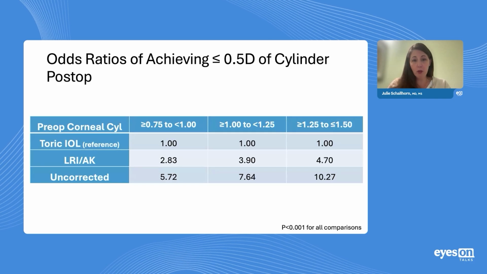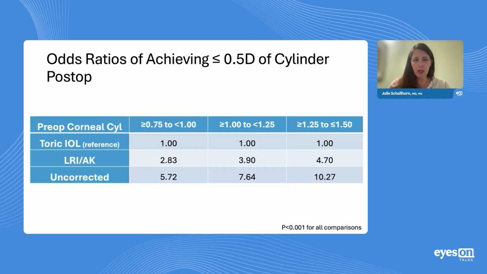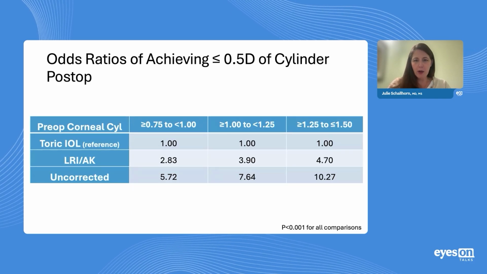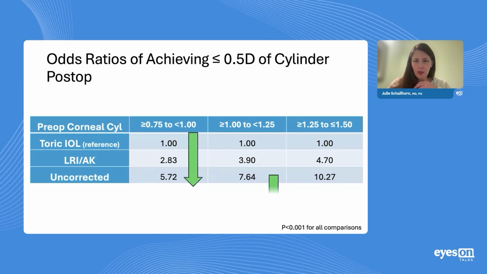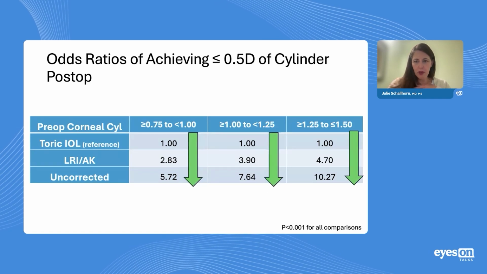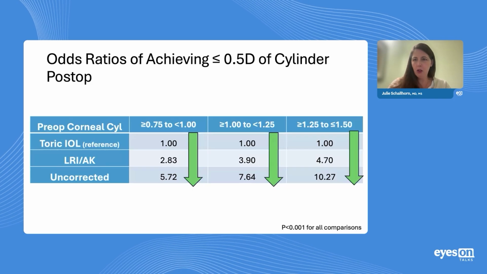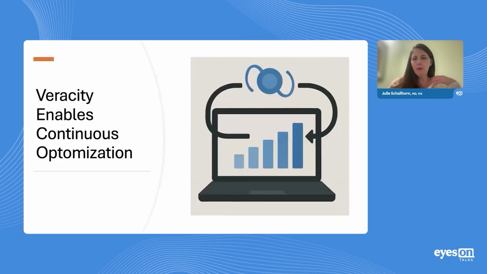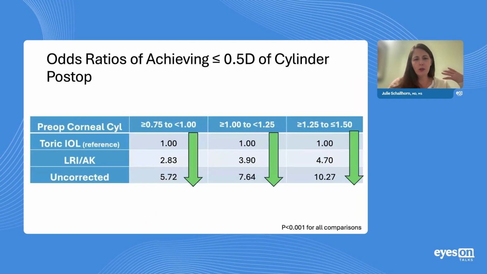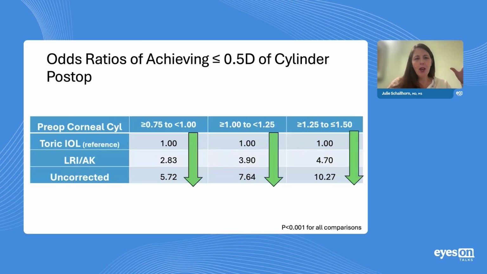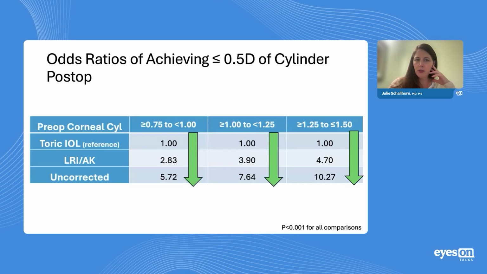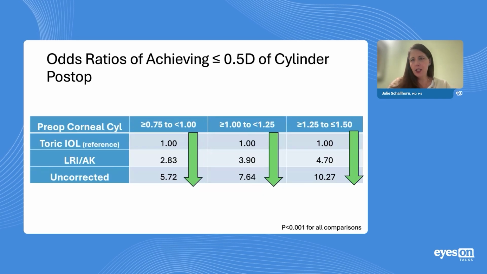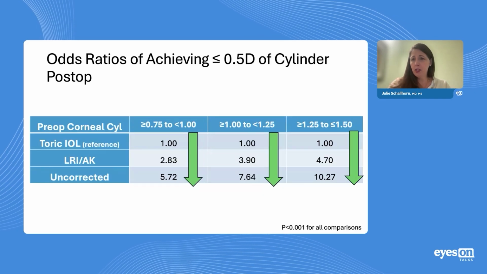Toric IOLs do better in general for everything, but are really, really impactful in the higher amounts of cylinder group and also the with the rule group. So toric IOLs outperform LRI, AK pretty much in all of our groups. So, backing up, think about toric IOLs in lower amounts of astigmatism, and LRIs, AKs, think about them in the sub 3/4 threshold.